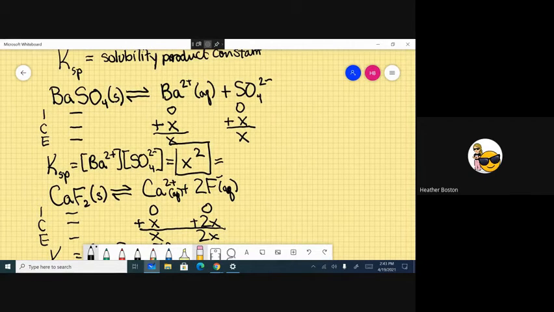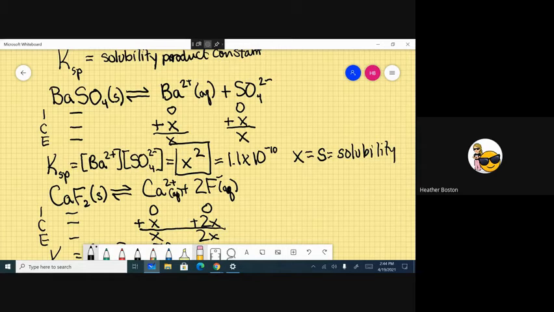The Ksp for barium sulfate is 1.1 times 10 to the minus 10. So you can solve for x by taking the square root. Sometimes you're going to see it written as s. If you see 4x or 4s squared, it's the same thing, x and s, because s stands for the solubility.